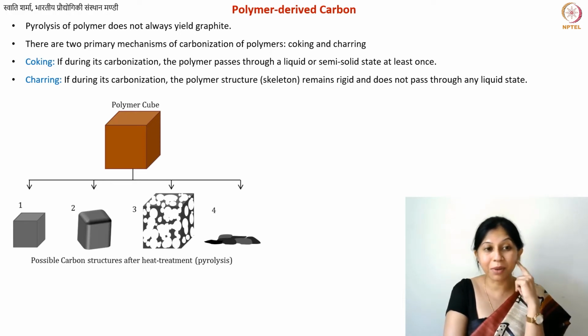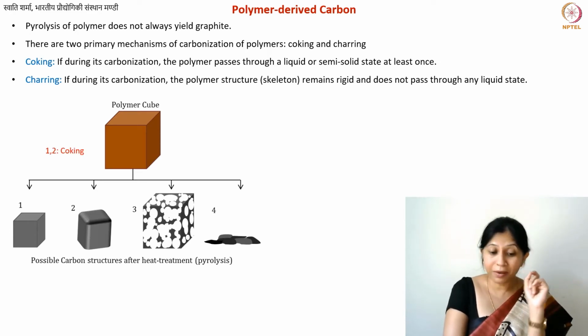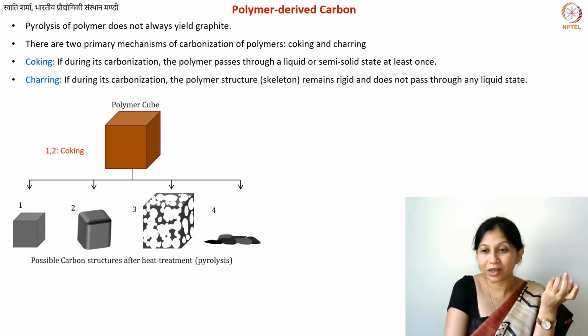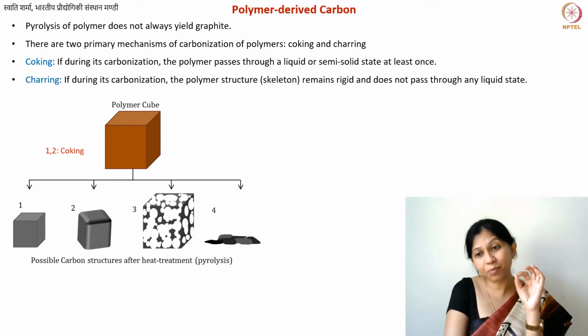But number one can very well be caused by coking too, because sometimes the polymer will not really become liquid-like, but will just become semi-solid. Semi-solid is more like a rubber-like state, gel-like state. So you don't really lose the shape, and you do not get porosity, but you do get shrinkage.